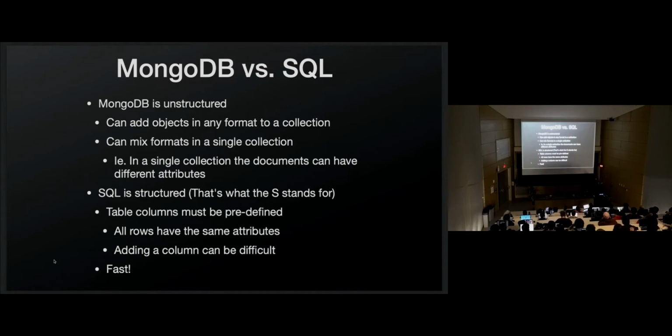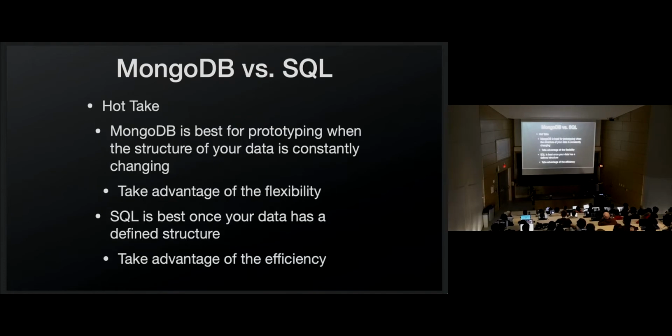But it's extra stuff you have to do. But SQL's very fast. It takes advantage of all that structure and is frickin' fast. MongoDB is pretty slow because there's no structure to rely on. It has to consider every possibility because anything could be possible with the data that's in there.